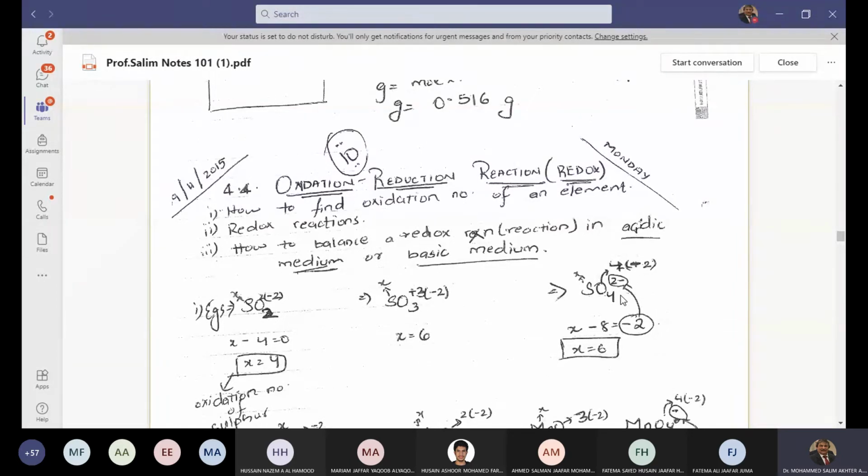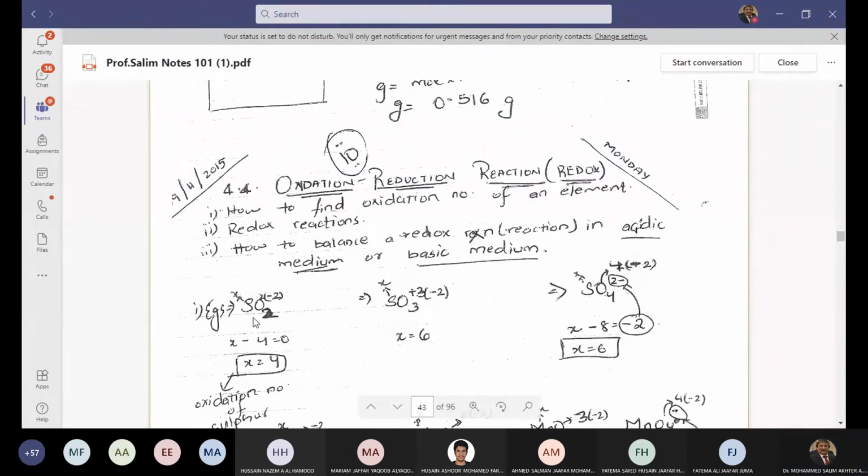I am interested to know oxidation number for sulfur here, here, and here. How to find? Look at this.